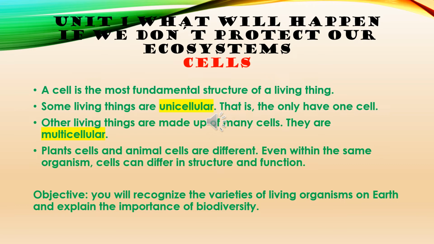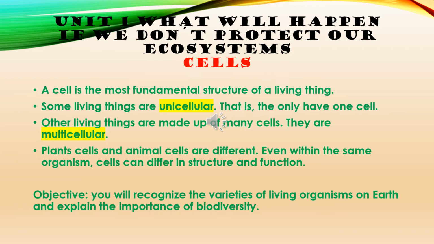Now, when we talk about cells, you have to remember that living things have two types of cells. One of them is unicellular. The word unicellular means that it only has one cell.